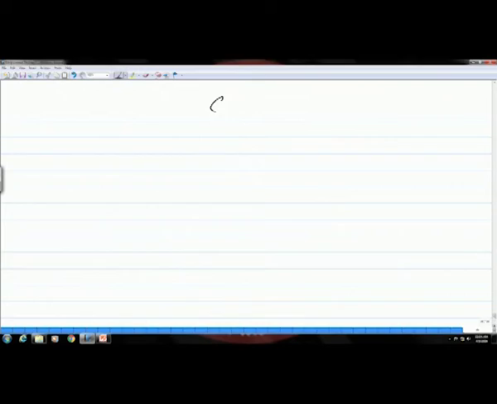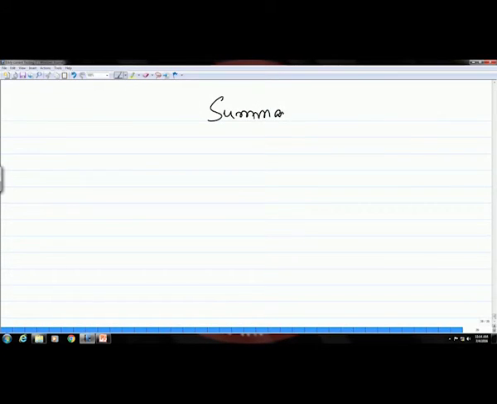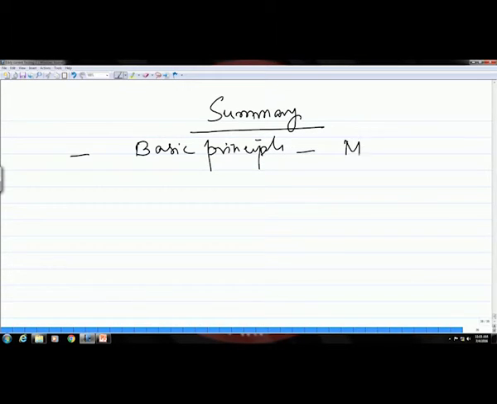So, this will bring us to the end of this chapter. So, let us take a moment to summarize. First, we learned about the basic principle of eddy current testing, and this was based upon mutual induction.